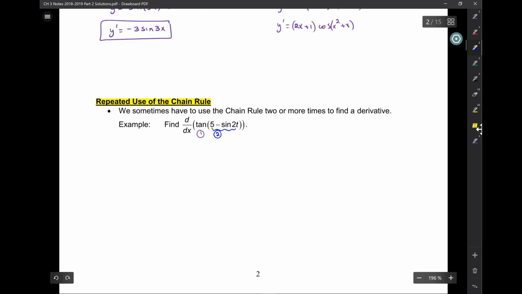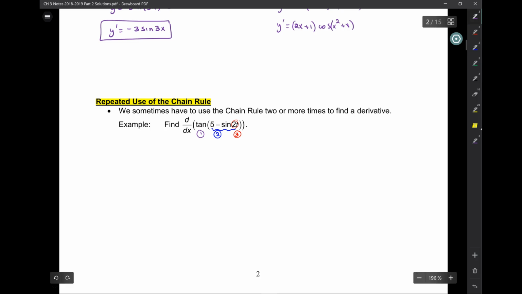That's number 2. Is there another inner function? 2t. So I have tangent on the outside, 5 minus sine on the inside, 2t on the inside.